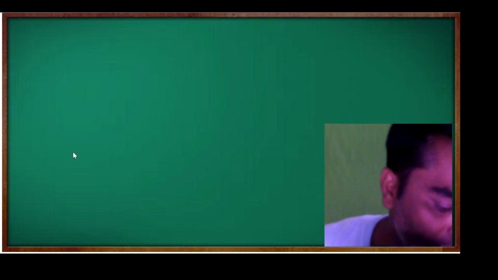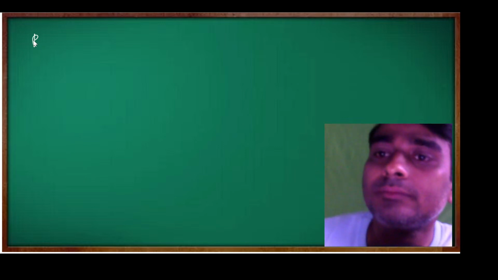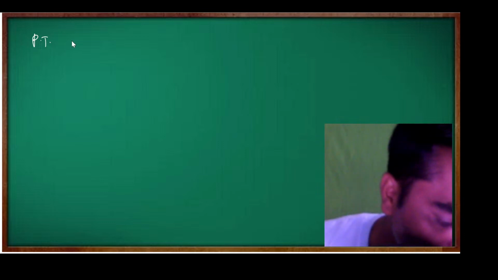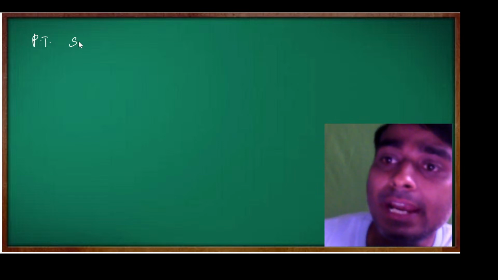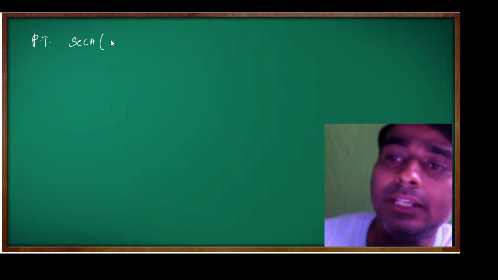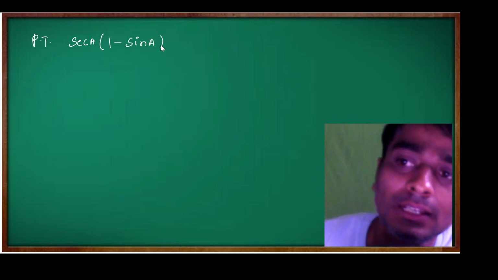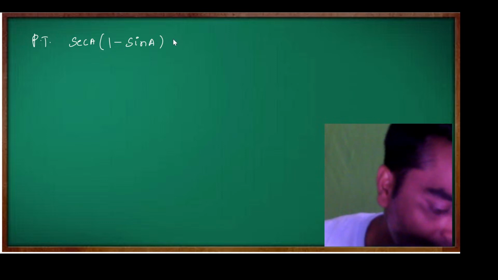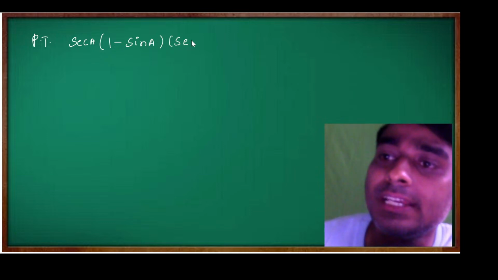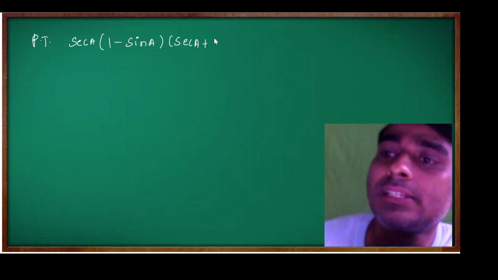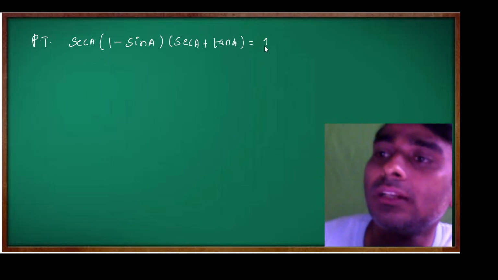So the next question is, prove that secant A into 1 minus sin A into secant A plus tan A is equal to 1.